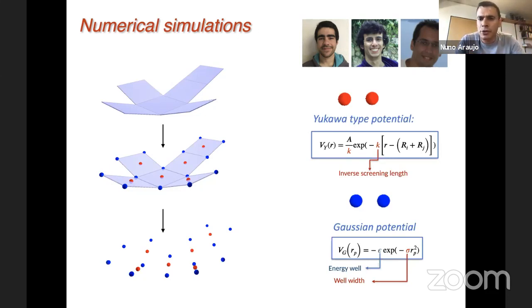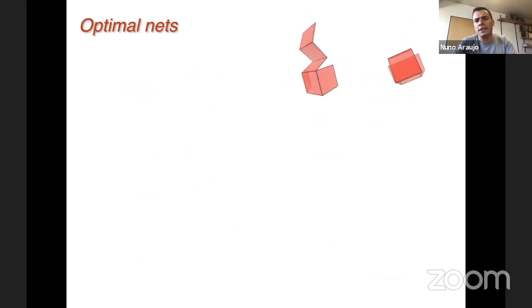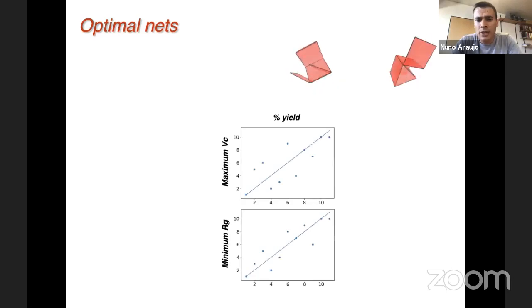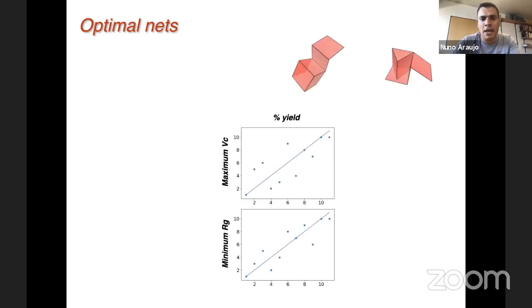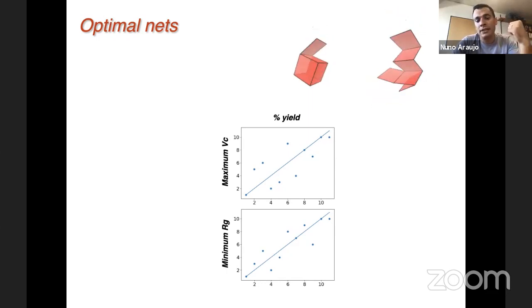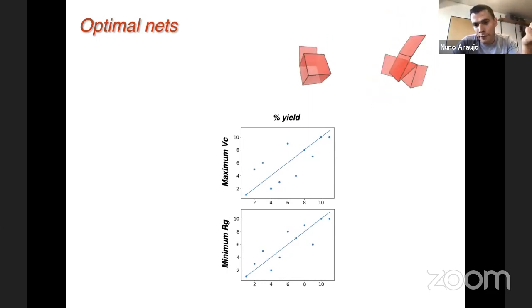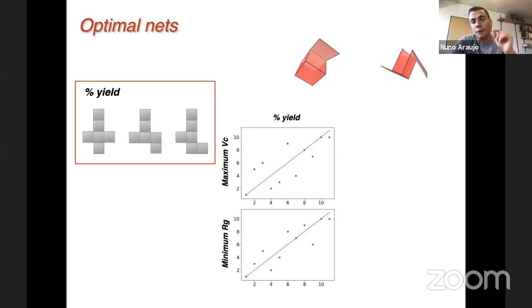So we performed simulations. For example, in the case of the cube, we analyzed the dynamics for the different nets. With that, we can confirm what was observed experimentally, that the percentage of cases that fold properly is strongly correlated with the number of vertex connections. And we can even rank all the nets based on the efficiency of folding.